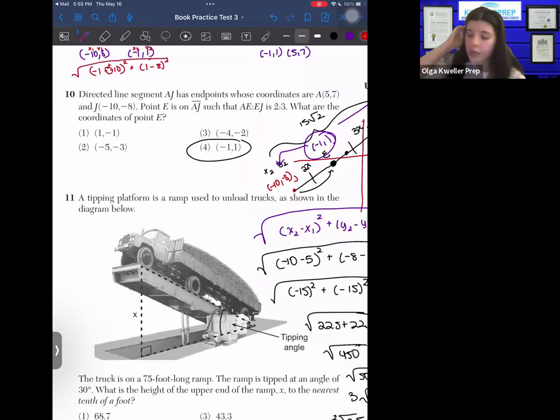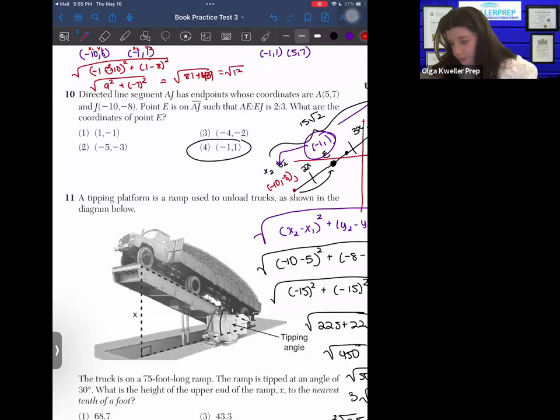Be careful with your negatives. -1 plus 10 is 9, so this ends up being 9 squared. And this ends up being -7 squared. This ends up being 81 plus 49, which ends up being radical 130.